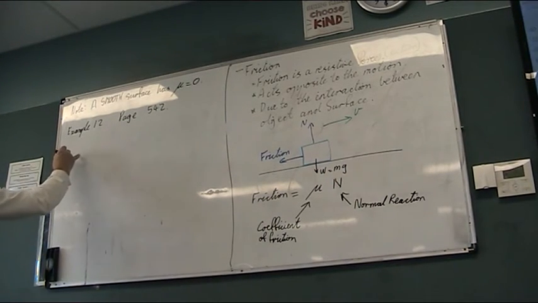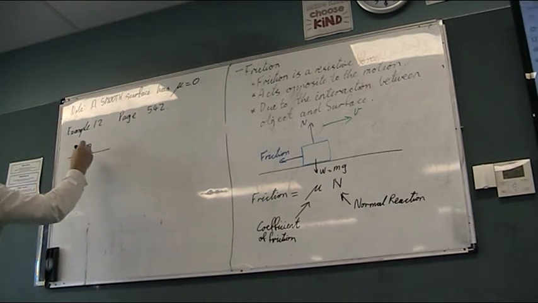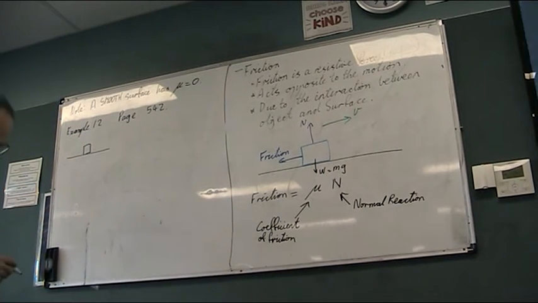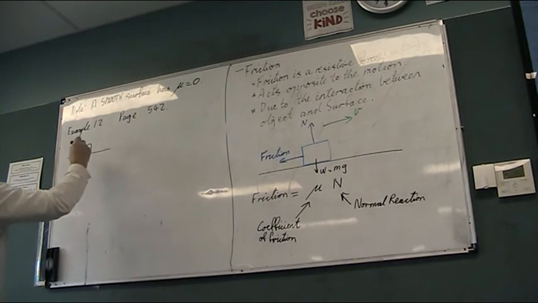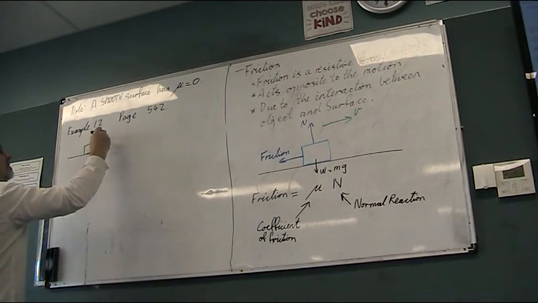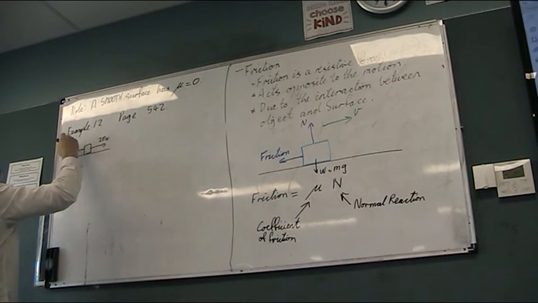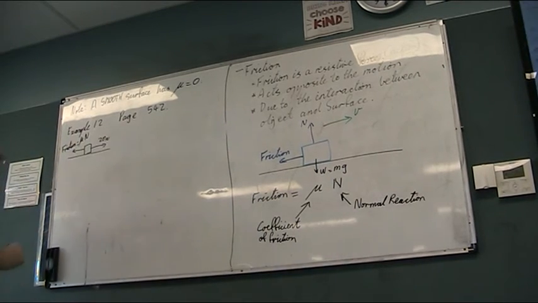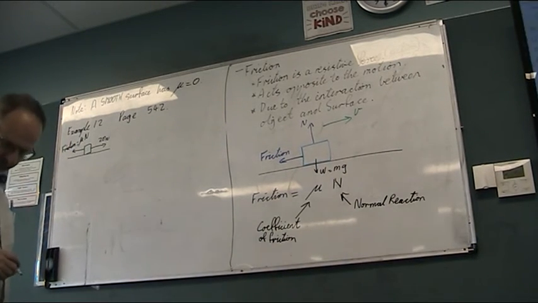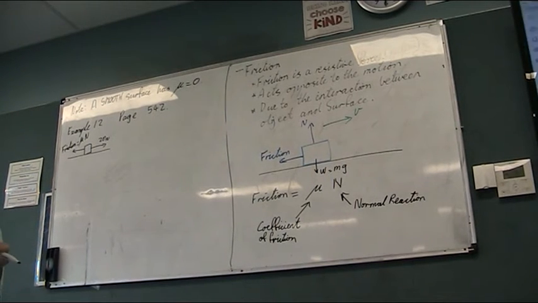Alright, so here's our thing, there's our rough plane. It's pushed, I'm going to go to the right here, 20 newtons for 5 seconds. We've got some friction, which is mu N. For 5 seconds, if mu equals 0.3, how far does the body travel in this time?